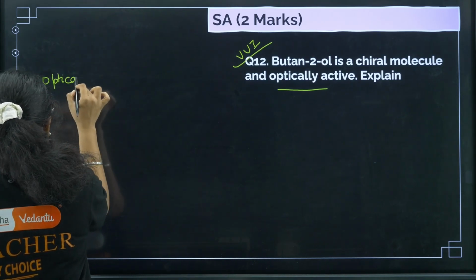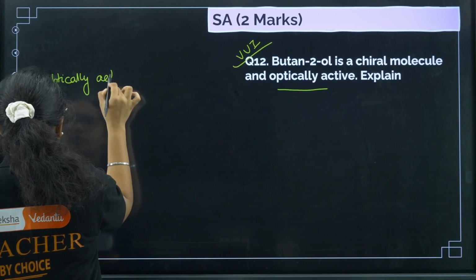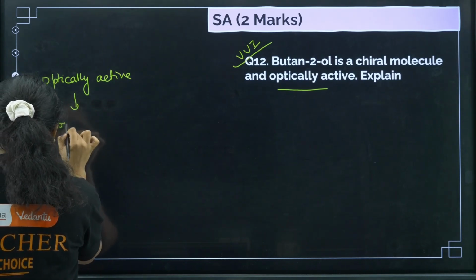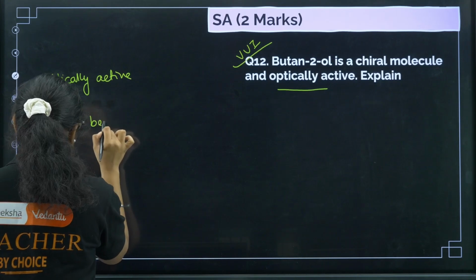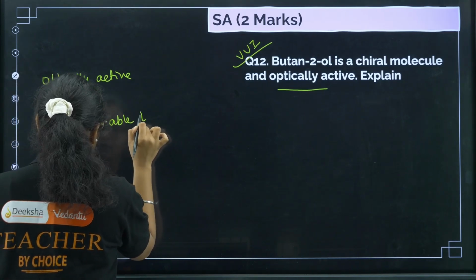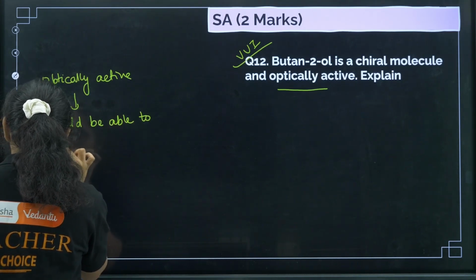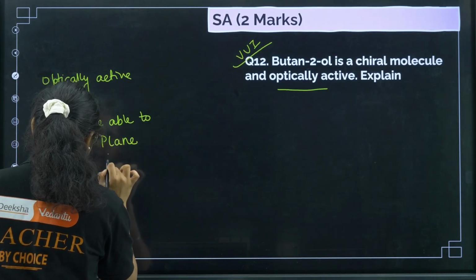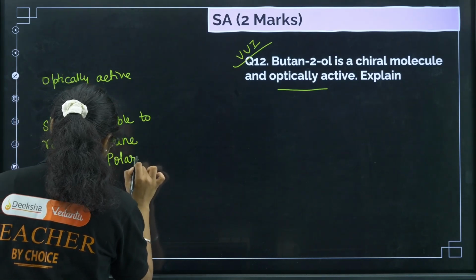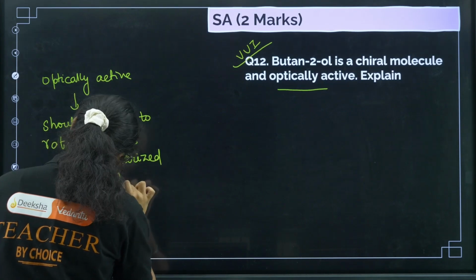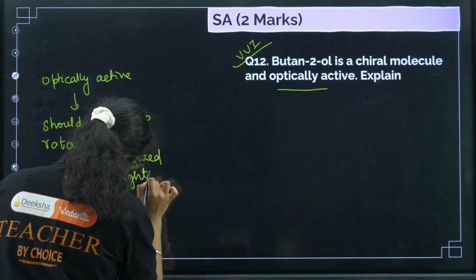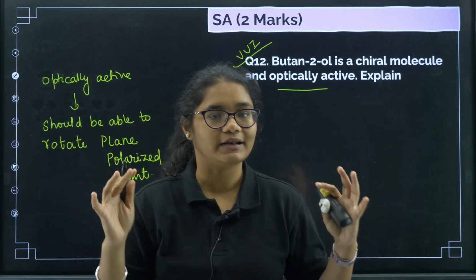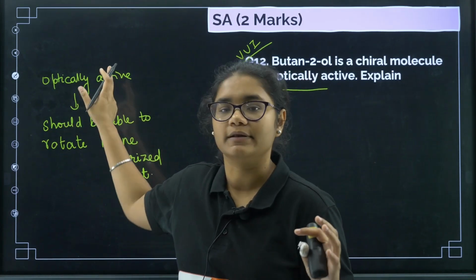Optically active means it should be able to rotate plane polarized light. Any molecule which is able to rotate the plane polarized light is called optically active.